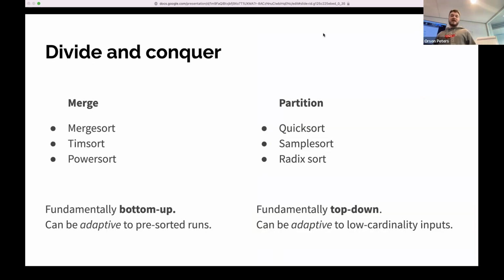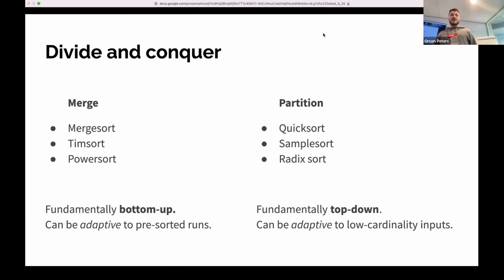There are two main schools of divide and conquer sorts. There's the merge school of divide and conquer sorts, so mergesort, Timsort, Powersort, and they're all fundamentally bottom up. So they start with the smallest arrays and they keep merging into larger and larger arrays until you're done sorting.